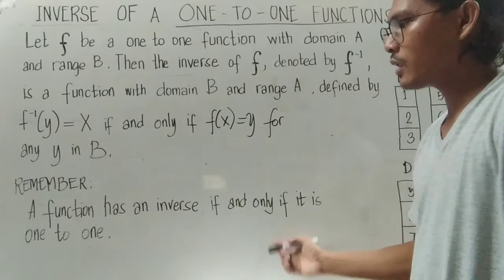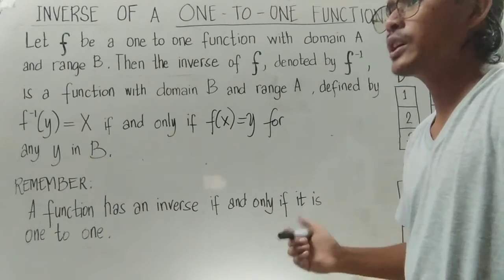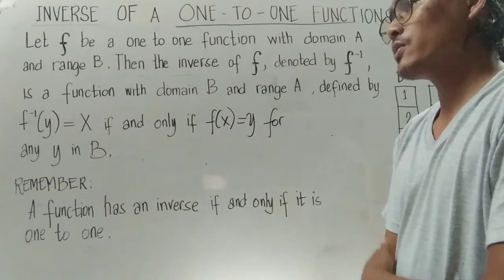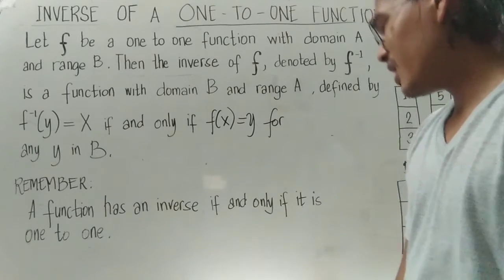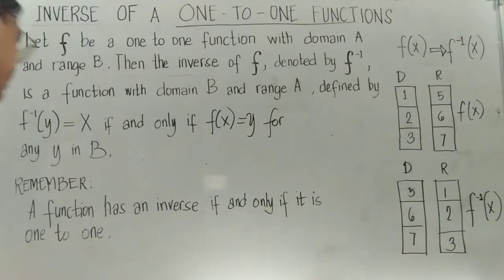So it means that when a function is not one-to-one, we cannot solve its inverse, or we can solve it, but we might get confused.